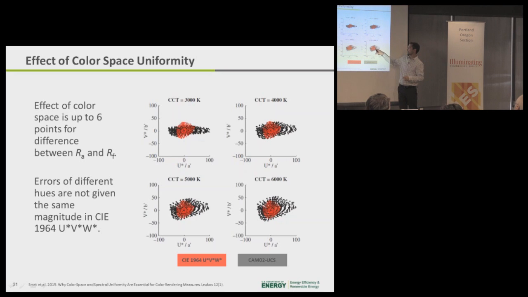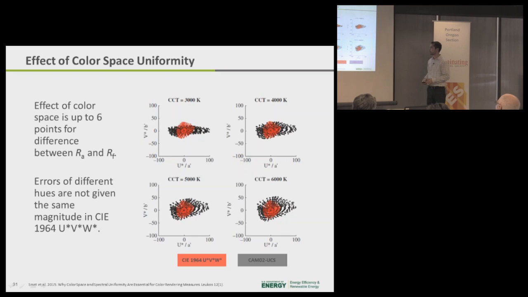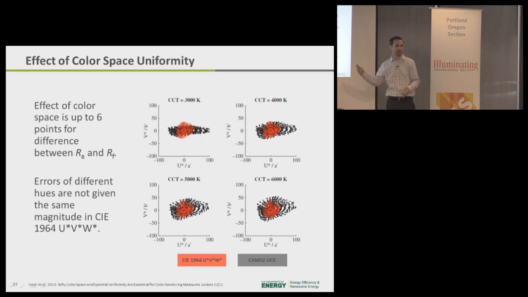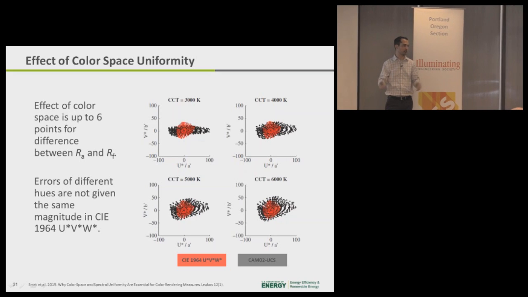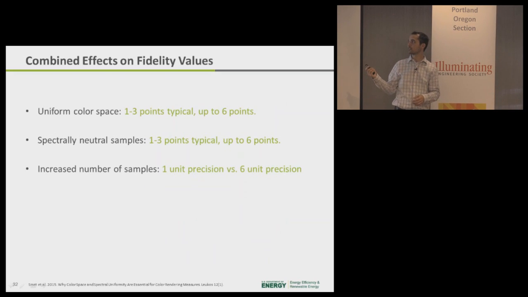But this is the CAM02-UCS color space, and this is the CIE 1964 color space that was used for CRI. You can see it loses its uniformity as you change to different CCTs. It's this amorphous blob changing. So you can get up to 6 points difference between Ra and Rf, if you consider everything else equal and just change the color space that they're calculating. Summing all these together, you're adding up to a lot of error in that calculation of Ra compared to using Rf.